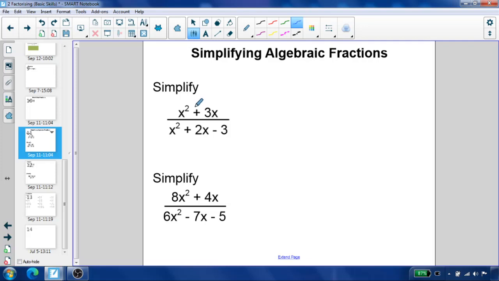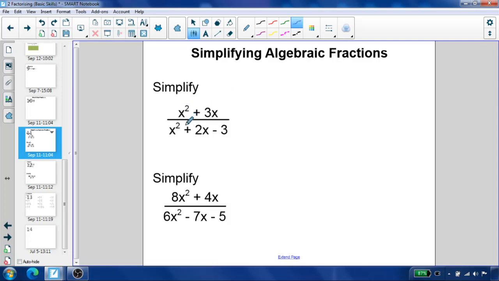But we can only cancel if every term has an x squared in common, and they don't. Same with the x here. We can only cancel the x if each term has an x in common, and they don't. So you need to refrain from using that process if that's what you thought you were going to do, because it's incorrect.